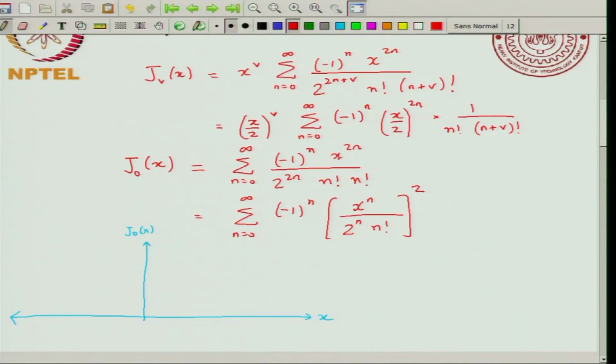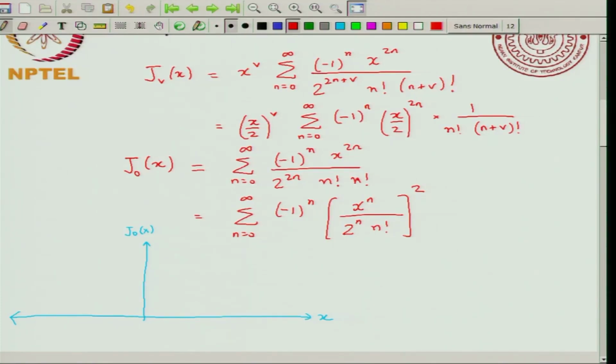So when x equal to 0, clearly the only term that contributes is the n equal to 0 term. If you put n equal to 0 here, this will become 1, here you have 2 raised to 0 which is 1, factorial 1, factorial 1.